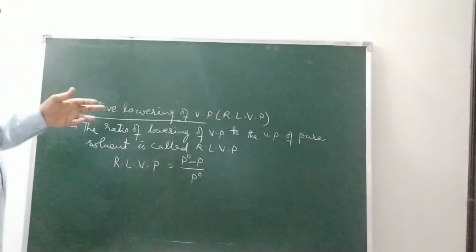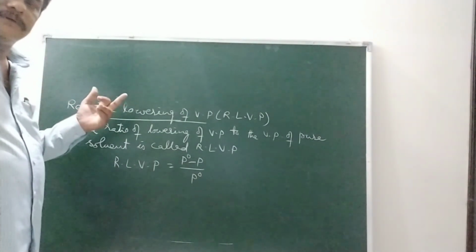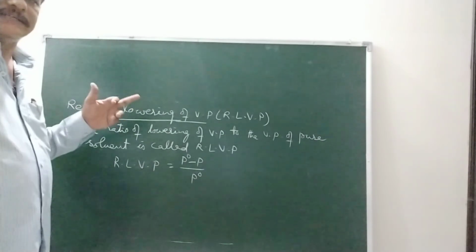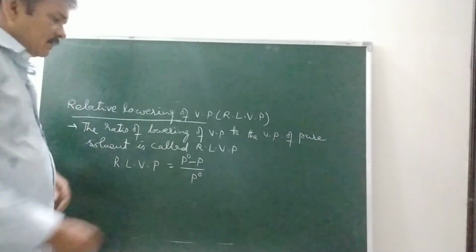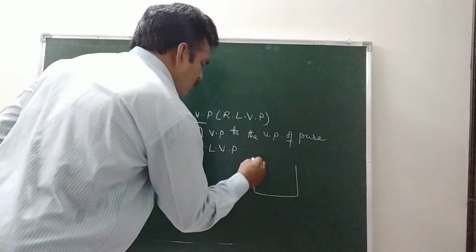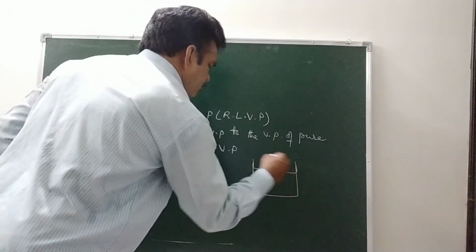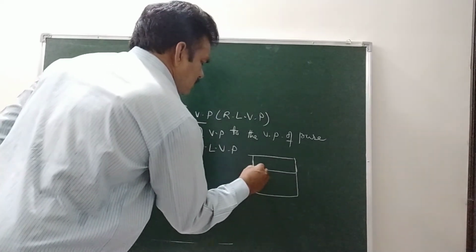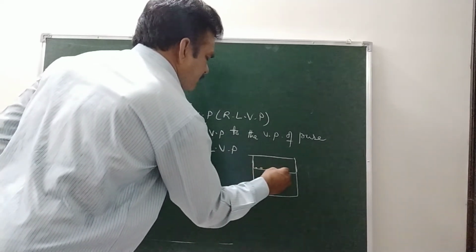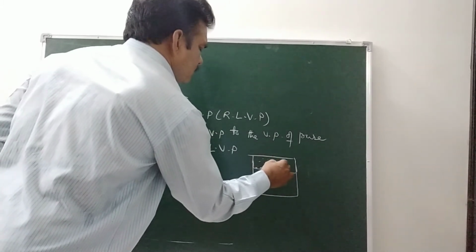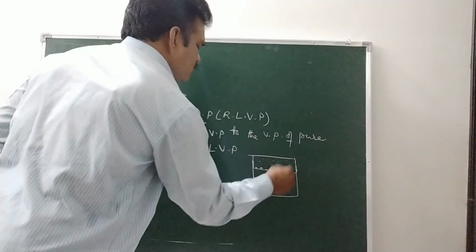Why does the vapor pressure of a solution which contains a non-volatile solute decrease? First we will discuss that. If we take a pure solvent, particles on the surface will escape from the surface and enter into the space.